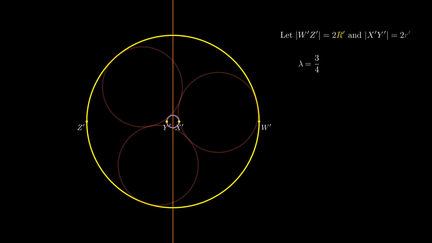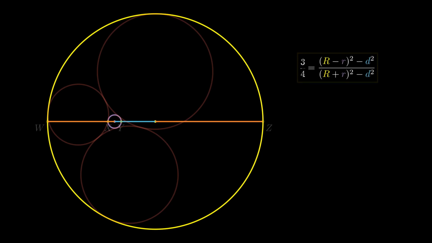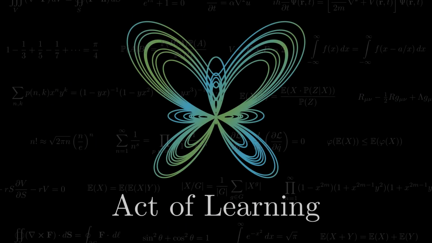Because the cross ratio does not change with circle inversion, we see that our expression for the cross ratio equals 3 by 4. This simplifies nicely to d square equals capital R square plus small r square minus 14 times capital R times small r, which gives the distance between the centers of the circles in terms of their radii. Hope you enjoyed the discussion and see you in the next video.